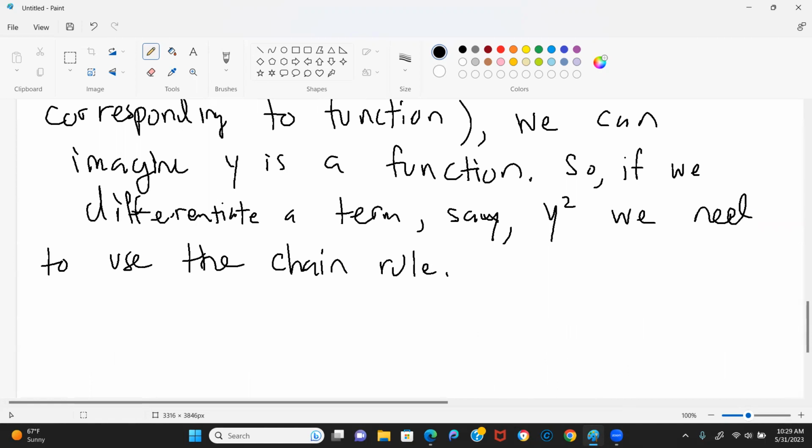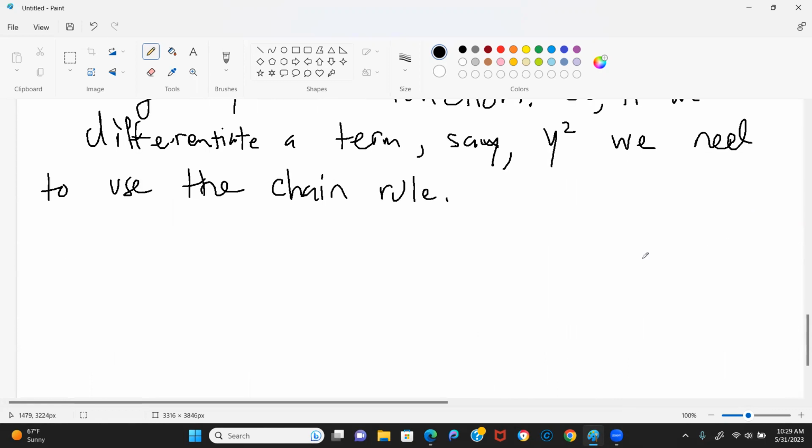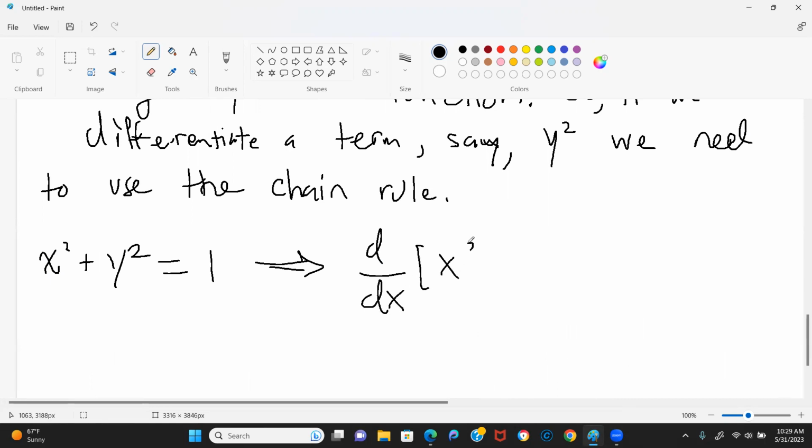All right, so what does that look like then? What does it look like to take the derivative of, say, the circle? So we have x squared plus y squared is equal to 1. And what we're going to do is apply the derivative operator to both sides of the equation, because the derivative is just an operation like squaring or adding or multiplying or dividing.